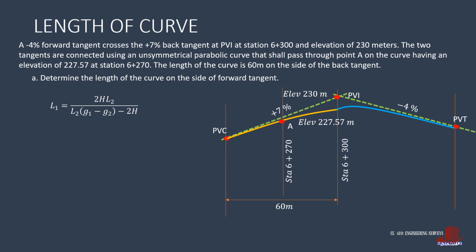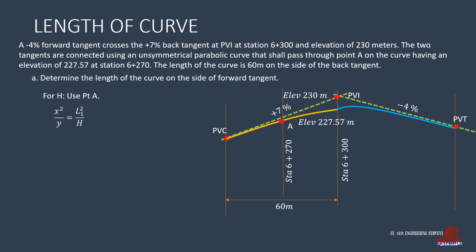Nevertheless, place the given values to clearly identify what are needed. 60 is then equal to 2h L2 all over L2 times 0.07 minus -0.04, then subtract 2h. This is then simplified as 60 is equal to 2h L2 upon 0.11 L2 minus 2h. So there are h and L2 yet to be secured.